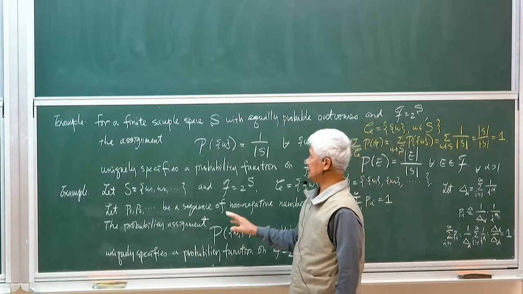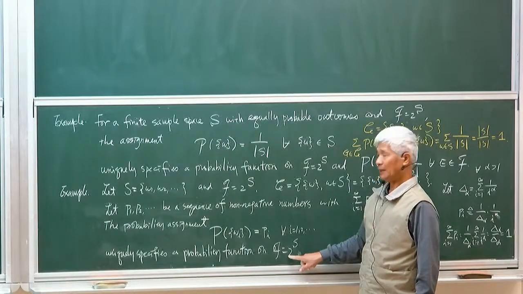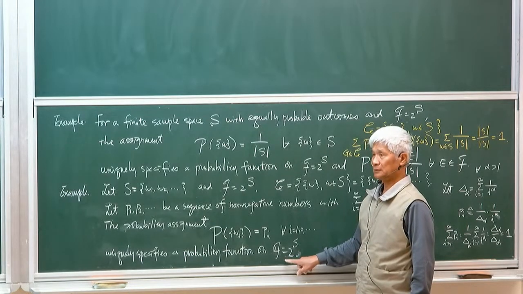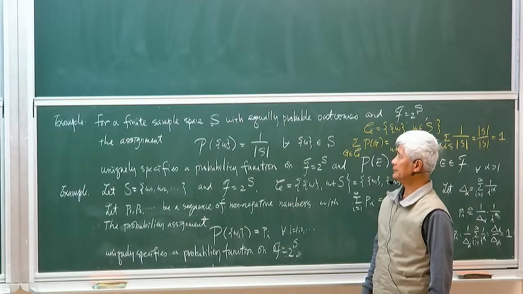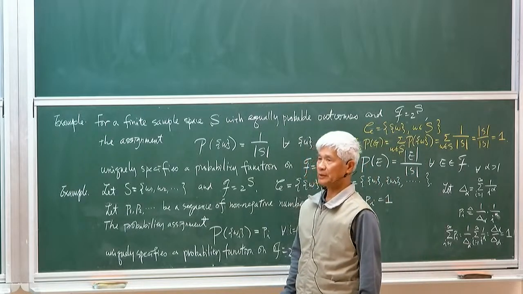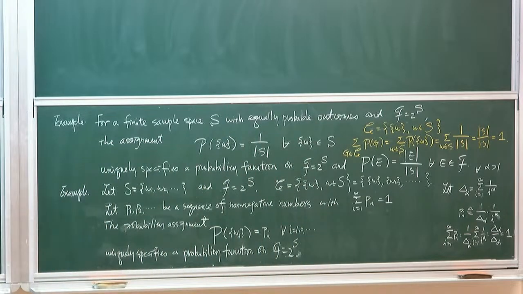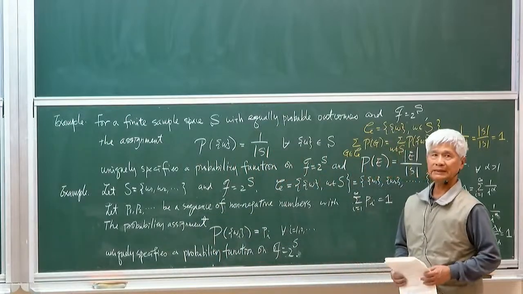But if you want to assign probability to each event in this set, it becomes terrible, because this collection of events is uncountable. Any questions?